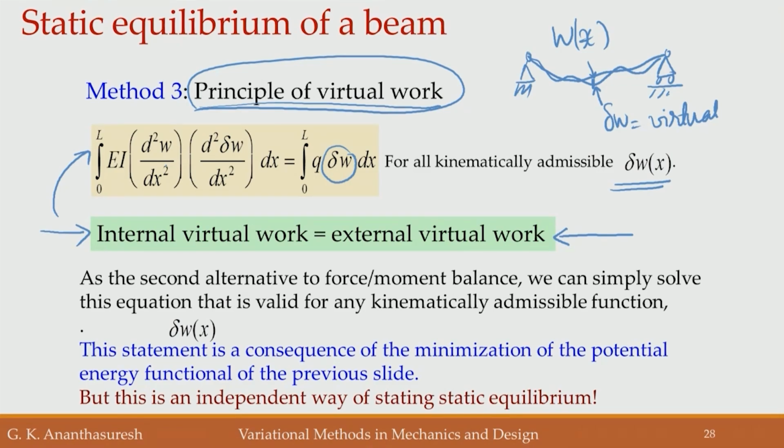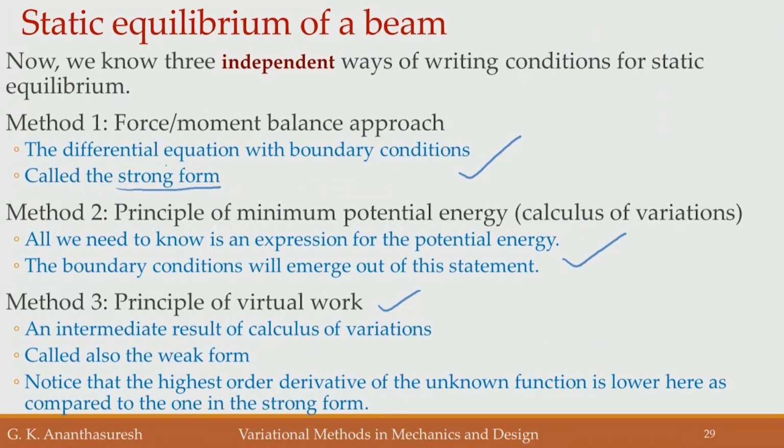So, as opposed to the weaker conditions, which we call the weak form, here we have it in strong form. And you need to have boundary conditions along with that when you are doing force and moment balance, whereas those boundary conditions will come as part of the solution in the other 2 methods, the principle of minimum potential energy as well as the principle of virtual work. The weak and strong are a matter of the order of the derivatives that exist in the expressions involved.